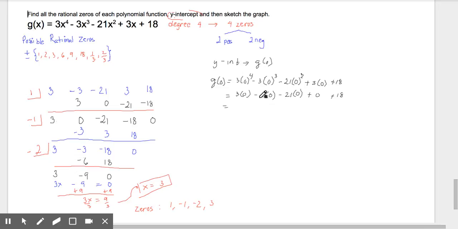Now, any number multiplied by 0 is equal to 0. So 0, 0, 0, 0. If we add or subtract them, we get 0. So therefore, we'll have here 18. So we'll have g of 0 is equal to 18. This is the y-intercept.